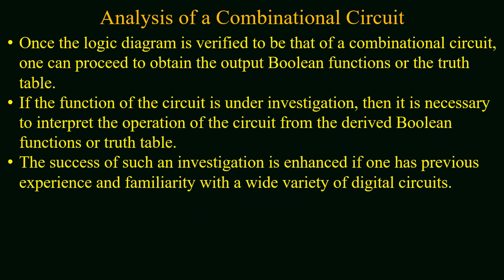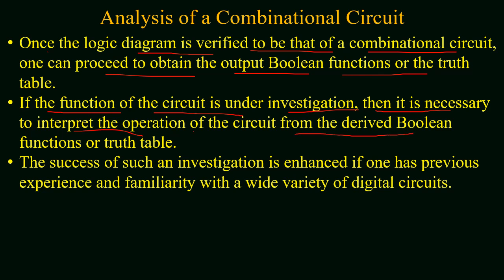Once the logic diagram is verified to be a combinational circuit, we can proceed to obtain the output Boolean function or the truth table of the given circuit. If we are analyzing the function of the given circuit, then it is necessary to interpret the operation of the circuit from the derived Boolean function or the truth table.